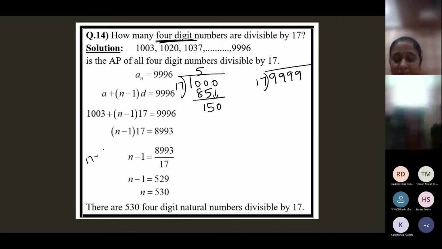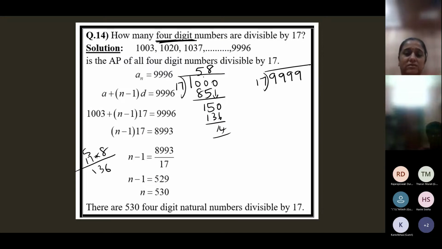Fast, children. 136. 8 times or 9 times? 8 times. 17 8s are 136 and 14 is the remainder.